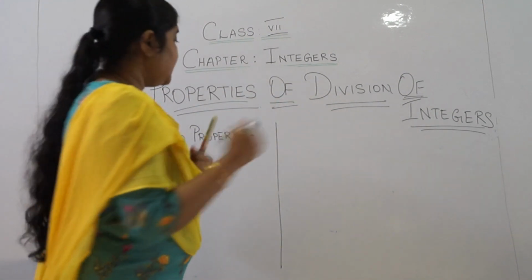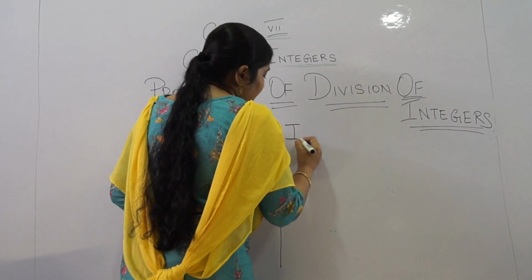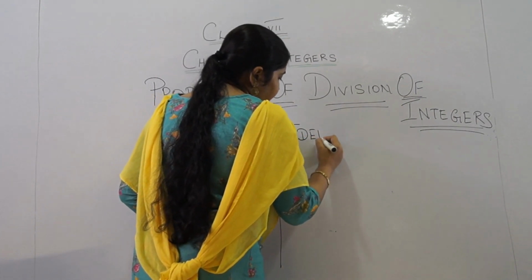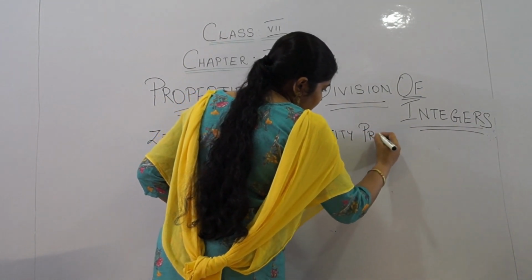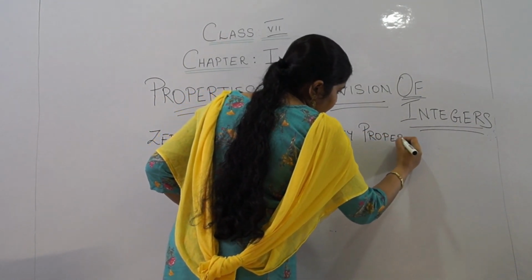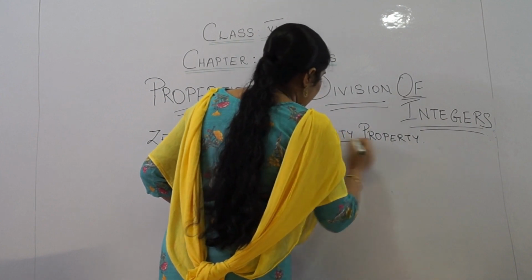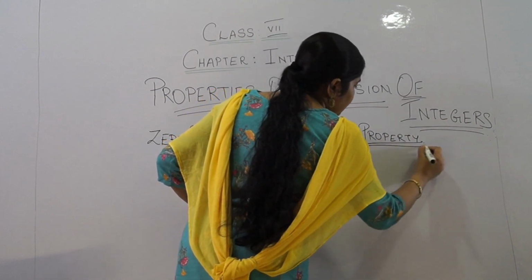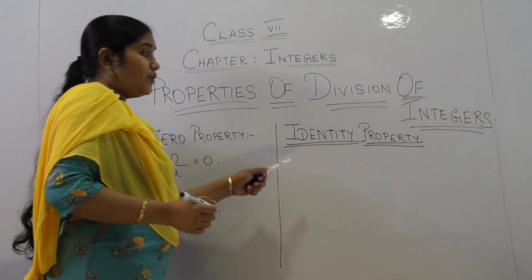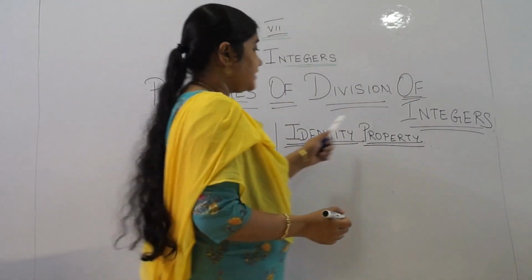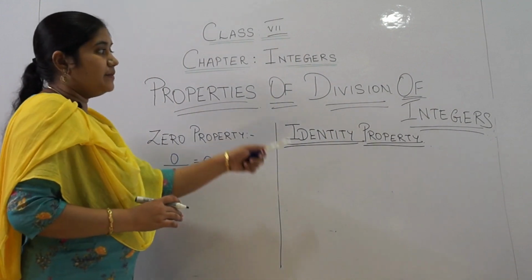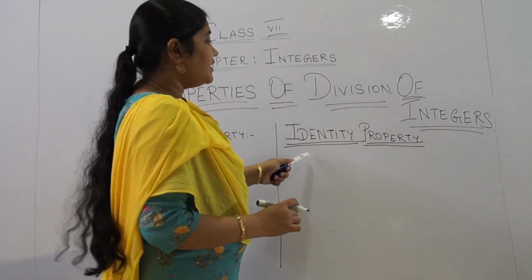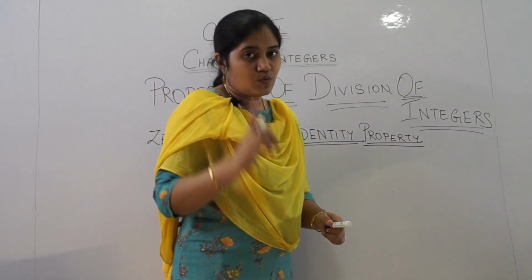The next property is the identity property. So what is identity property? Before we understand what is identity property, we should first know what is the identity element in division. The identity element in division is 1.